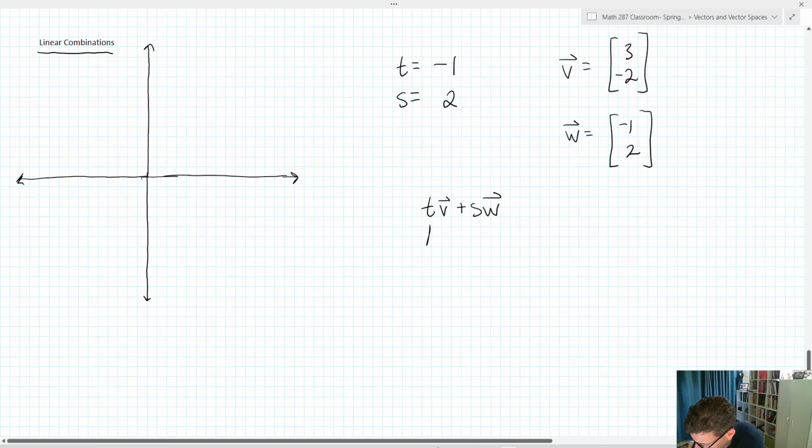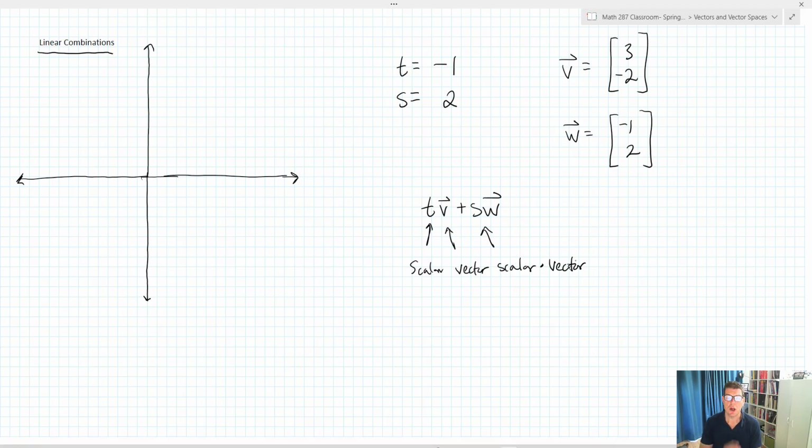So we've got scalar times vector plus scalar times vector. We're going to see a lot of different ways that we can do this. We could have 3 vectors, we could have 5 vectors, we could have 20 scalars. You're going to see things written very generally in this form, and this is the linear combination form.